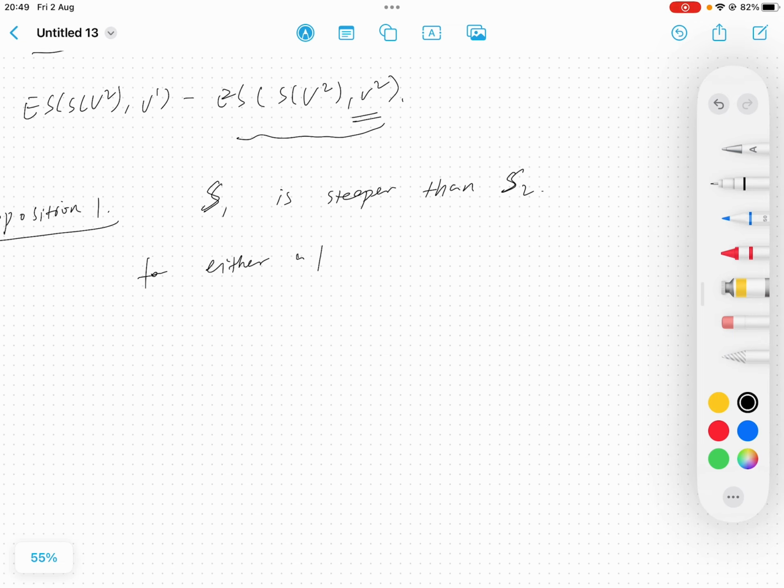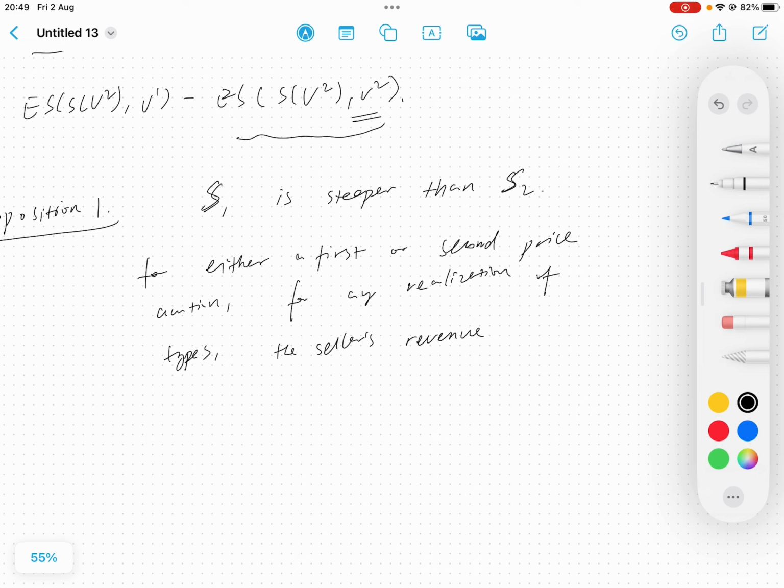Either a first or second price auction, for any realization of types, the seller's revenue from the auction is higher using bold S1 than using S2.